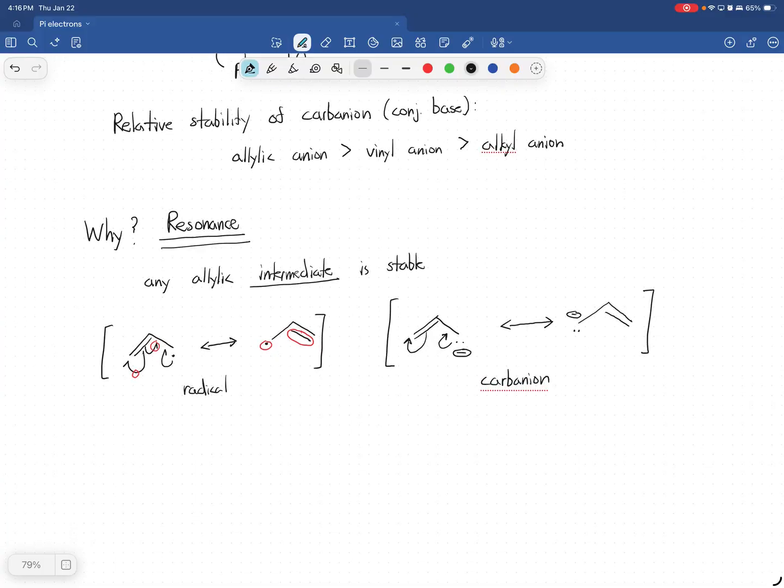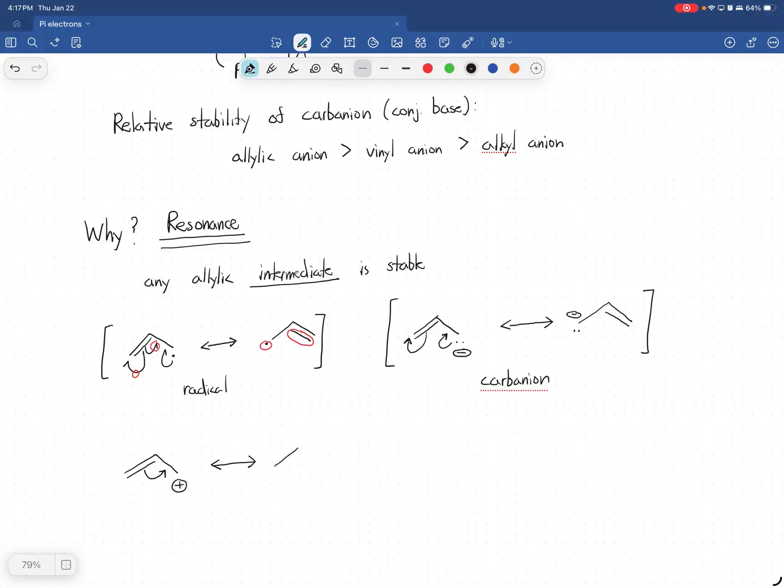Now how about the carbocation? How would we make a new resonance structure for this one? Let's move this arrow to the right.